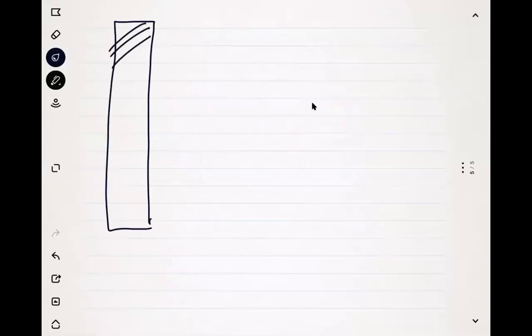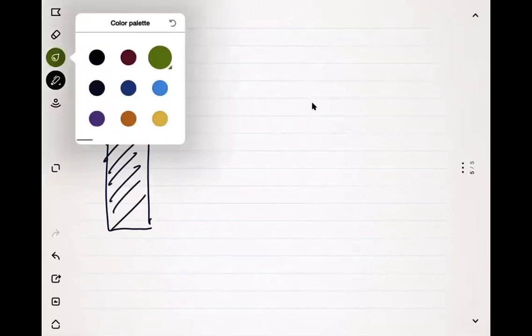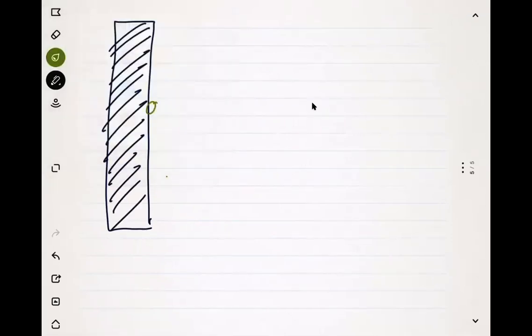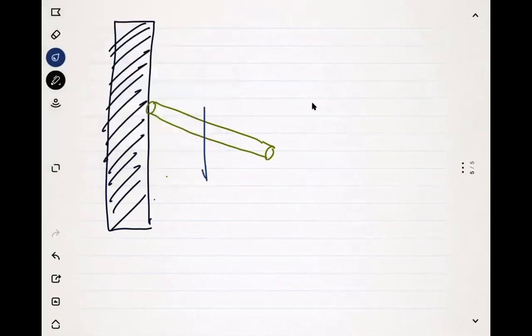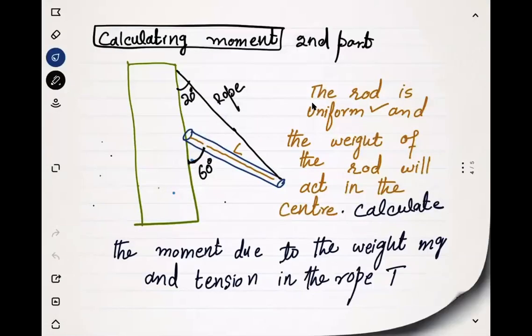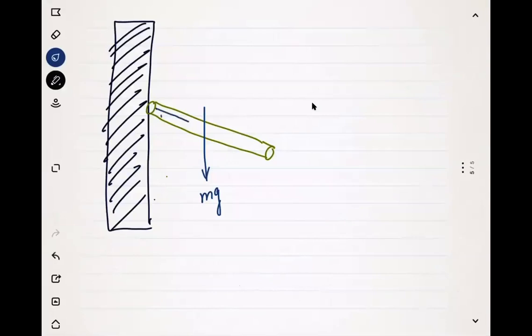if this is the wall, and the forces which are acting on the rod, they are one of the forces is the weight of the rod that is acting vertically downwards, and this weight of the rod will be acting in the center, like on this side, and on this side this would be half of the length of the rod.